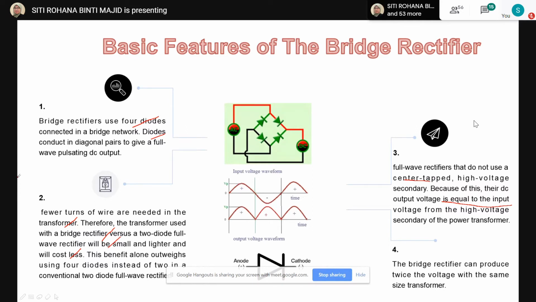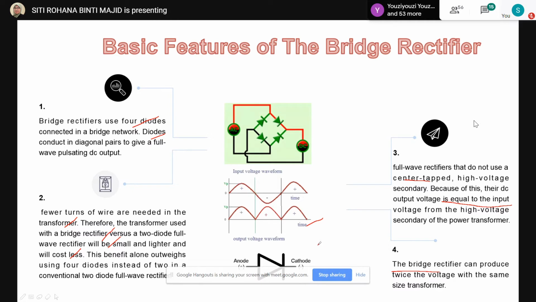This one I already explained in the second slide. And then another plus point for the bridge rectifier, it can produce twice the voltage with the same size of transformer. So this is the shape of the output voltage waveform for the full wave rectifier, especially for the bridge rectifier.